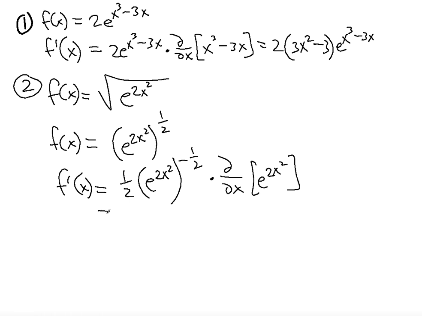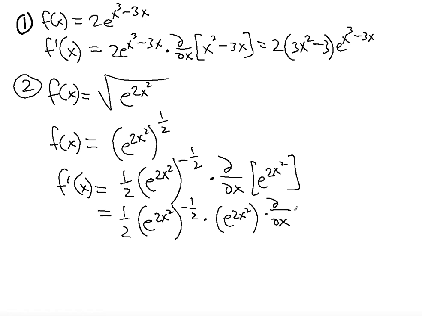Okay, so that will give us 1/2. So I'm going to copy everything in the first part times the derivative of this. And the derivative is going to be, of course, writing the given, right? And then taking the derivative. You see, this is all the chain rule again.